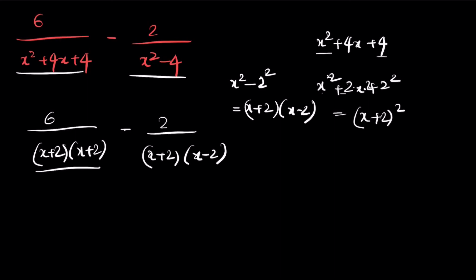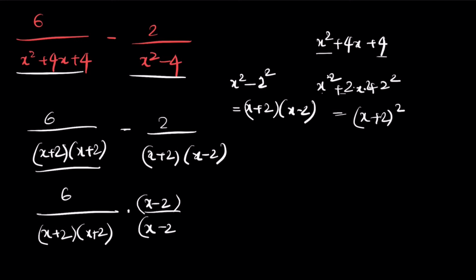So what we can do here is we can multiply x minus 2 and divide x minus 2. So we write x minus 2 by x minus 2 minus 2 divided by x plus 2 into x minus 2. Notice that in here denominator we are missing one extra x plus 2. So multiply x plus 2 and divide x plus 2.